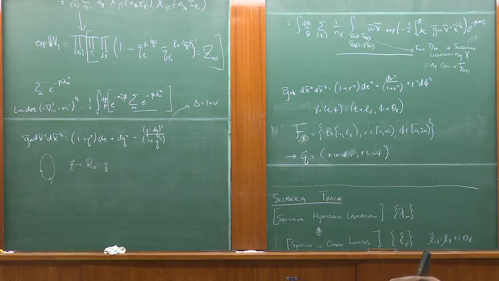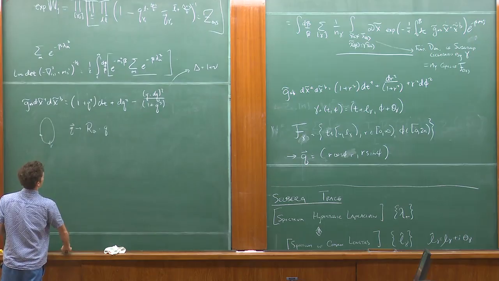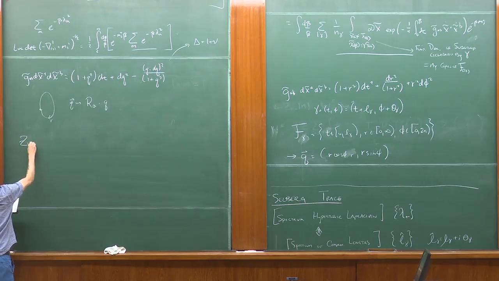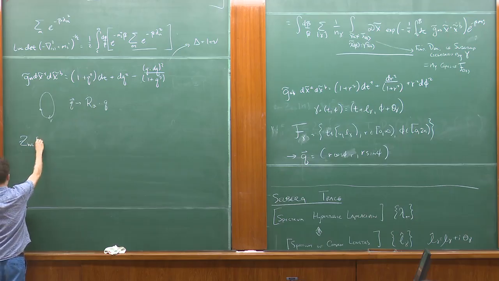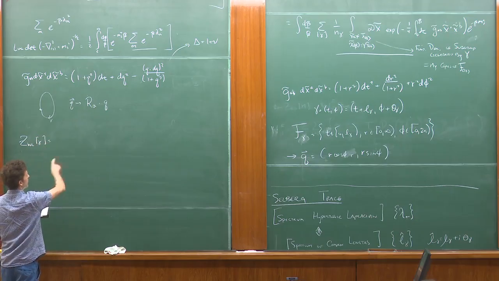Okay. So what we're going to do is organize this worldline path integral into a loop expansion. So this is for each gamma appearing in that sum.